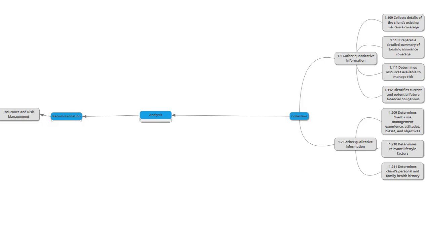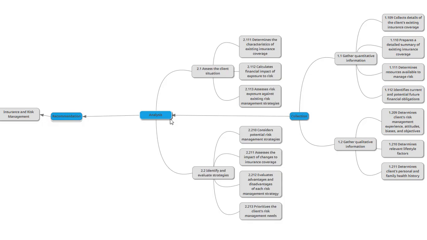Moving on to the analysis, if we expand that subtree, we can see there's the 2 pieces of assessing the client's situation and then moving on to identify and evaluate the strategies. So in terms of assessing the client's situation, again, 3 elements: determines the characteristics of the existing insurance coverage, calculates financial impact of exposure to risk, assesses risk exposure against existing risk management strategies.